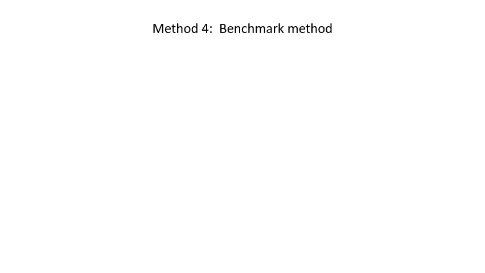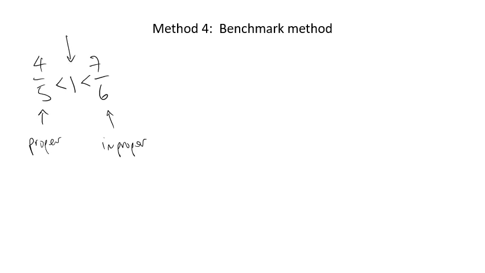So to give you an example, let's say that we're going to compare 4/5 and 7/6. The first thing you might notice is, hey, this is a proper fraction and this is an improper fraction. So what you're really noticing is that this one is greater than 1 and this one is less than 1. This is what I mean about the transitive property through a third fraction.